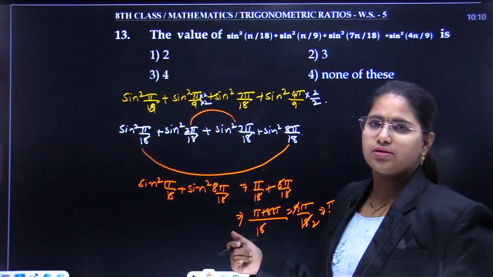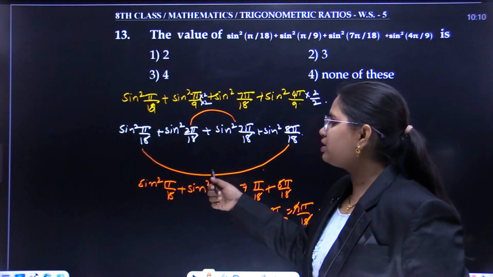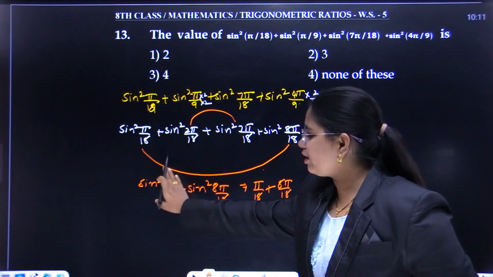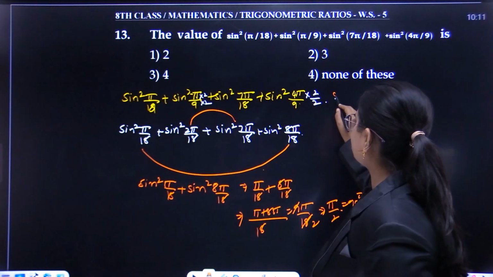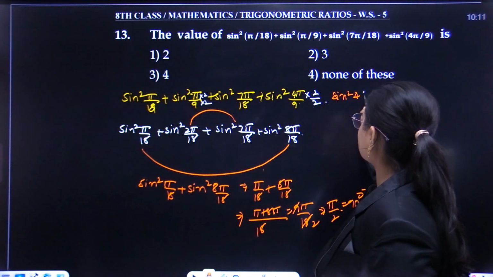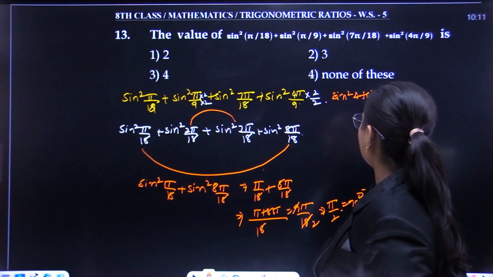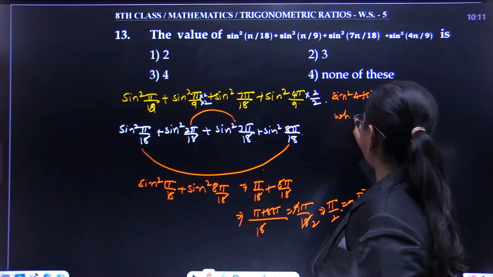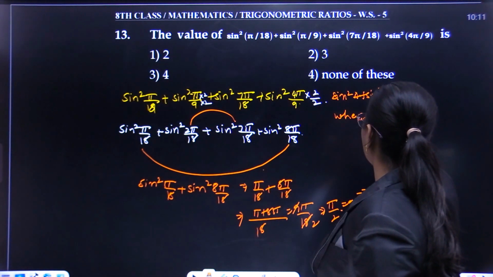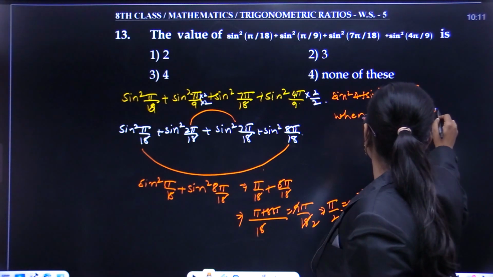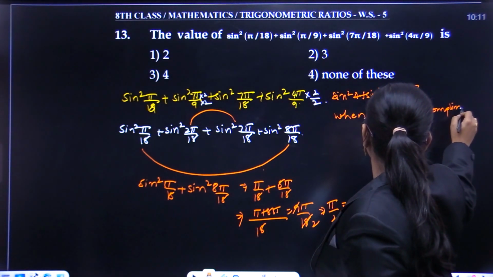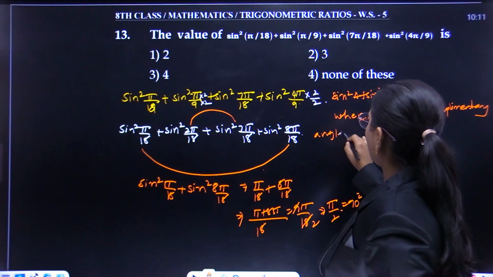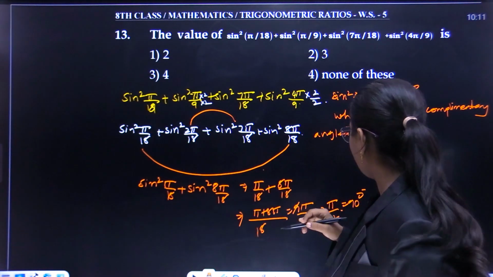So just look at this step, child. If you are taking these two angles, sine square A plus sine square B, what is the result I am going to get? When A and B are complementary angles, what is the value of sine square A plus sine square B?